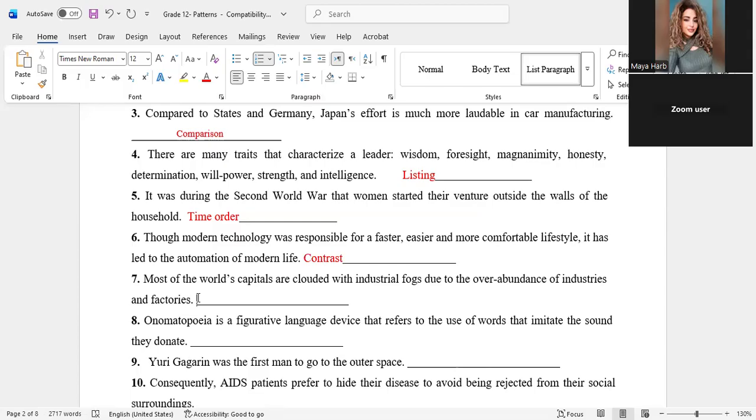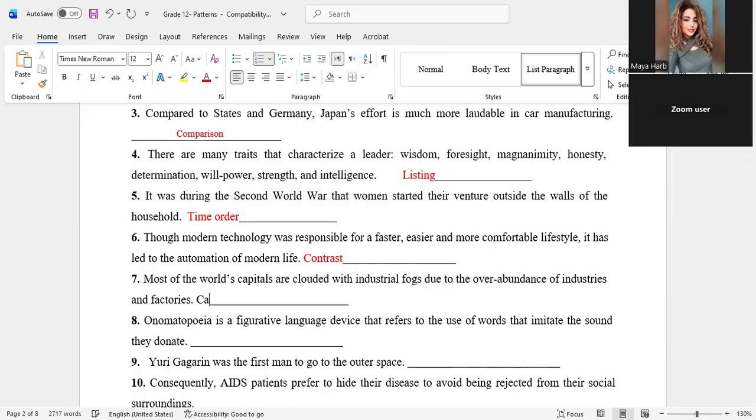So today, most of the world's capitals, they are clouded. They have clouds of industrial fogs. It means clouds of smoke. Due to, what does it mean? It means because. They have clouds because of industries, because of the factories. Cause and effect. Very good.